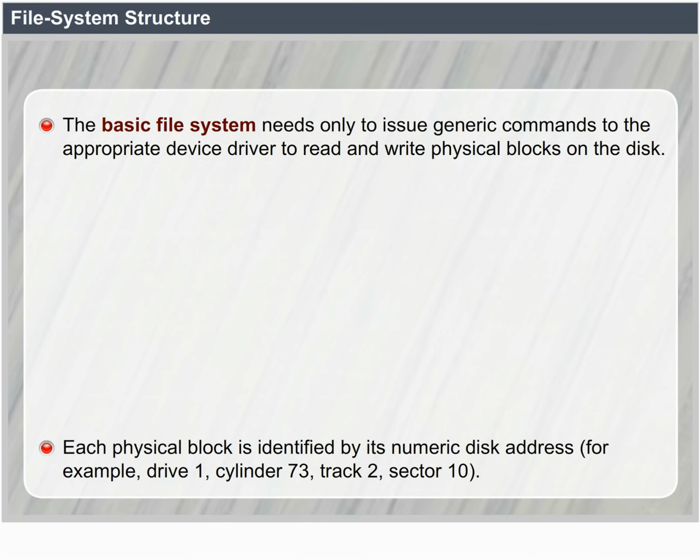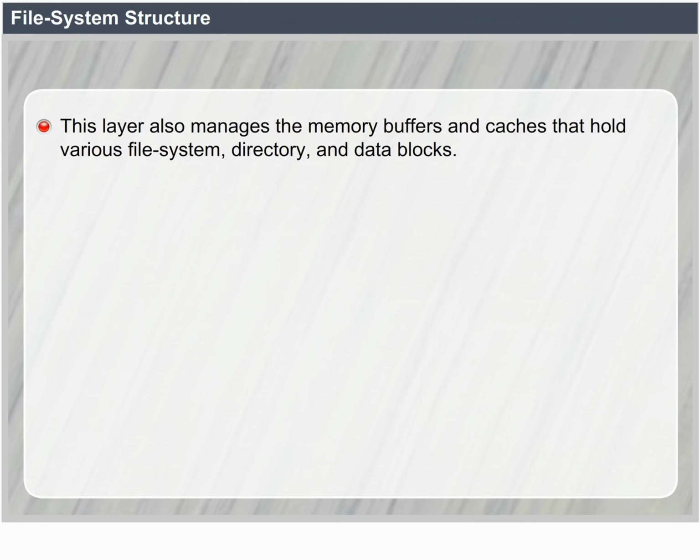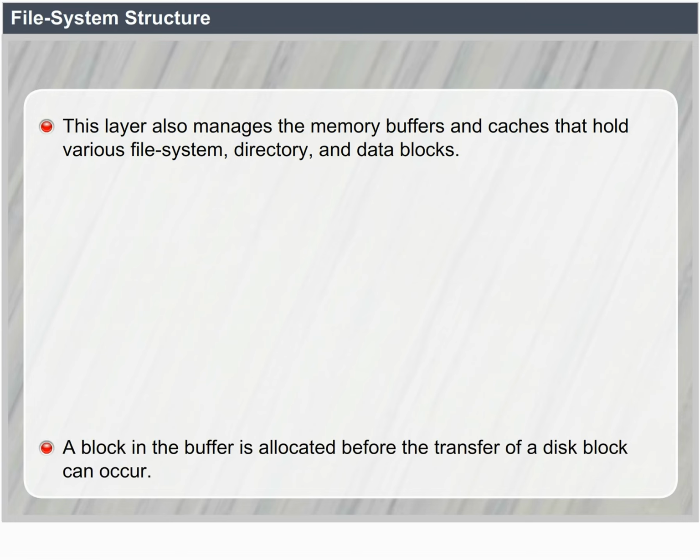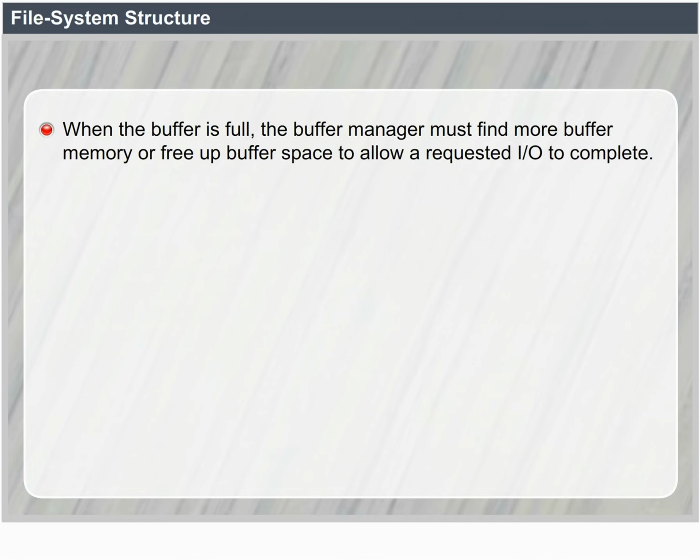This layer also manages the memory buffers and caches that hold various file system, directory, and data blocks. A block in the buffer is allocated before the transfer of a disk block can occur. When the buffer is full, the buffer manager must find more buffer memory or free up buffer space to allow a requested input-output to complete.